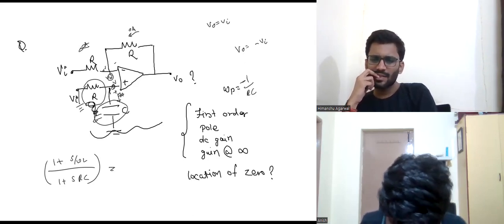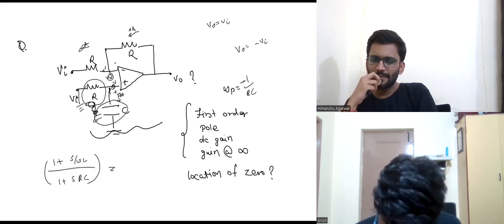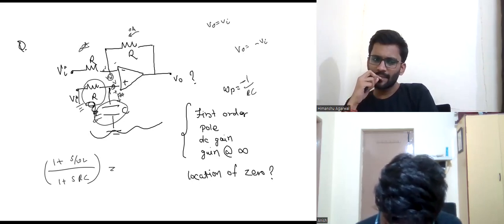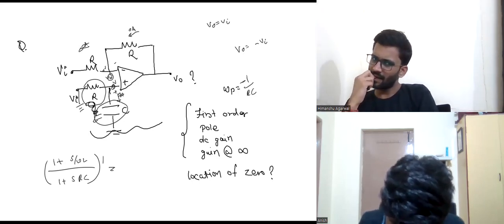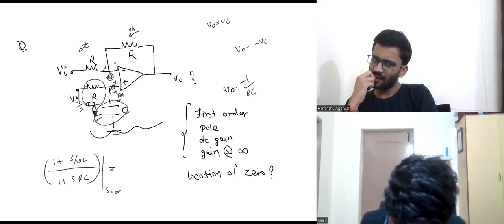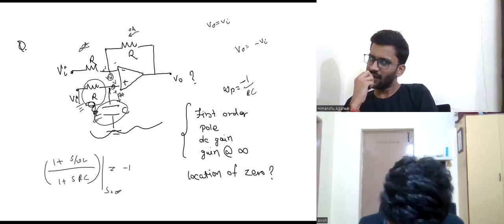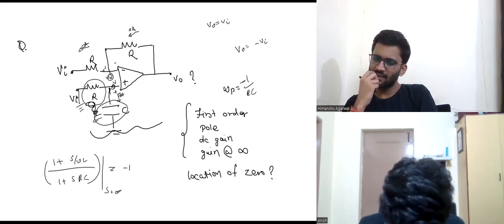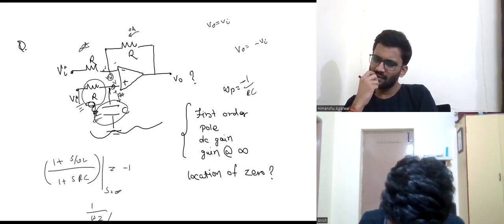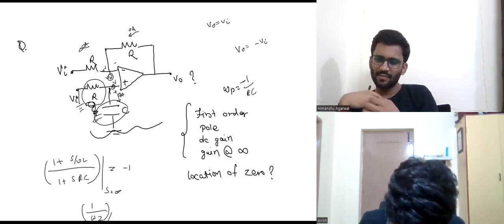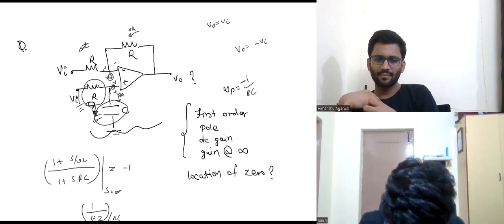If we calculate for s equal to infinity, it should come out to be minus 1, right? If I put s equal to infinity in both of these cases, only the coefficient of s terms will remain, so this will be omega z divided by RC, which should be equal to minus 1.